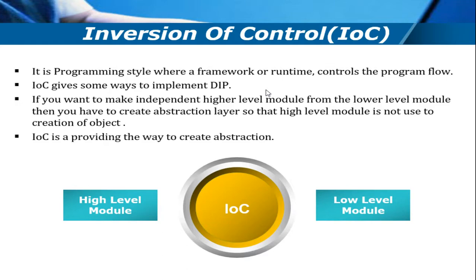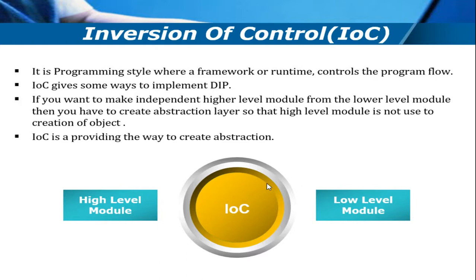This is the programming style where the framework or a runtime controls the program flow. So IOC gives you some way to implement the DIP. If you want to make your higher level module independent of the lower level module, then we have to create an abstraction layer so that your high level module is not used for creation of an object.